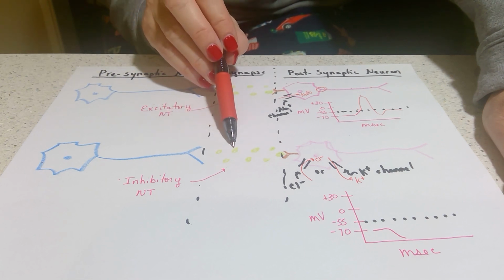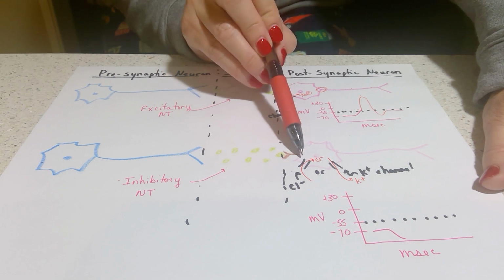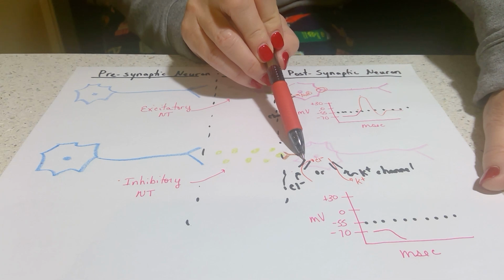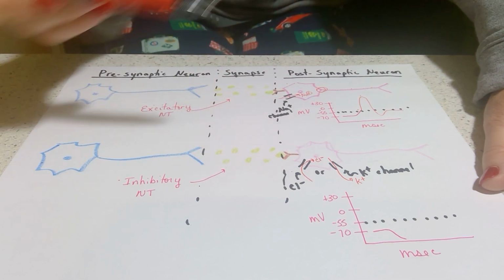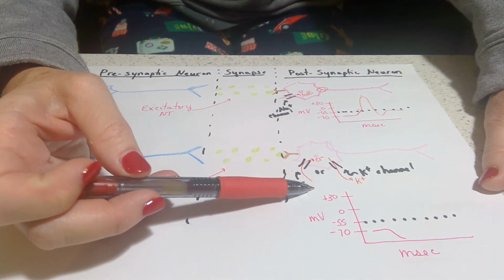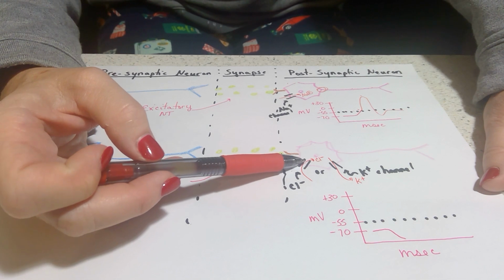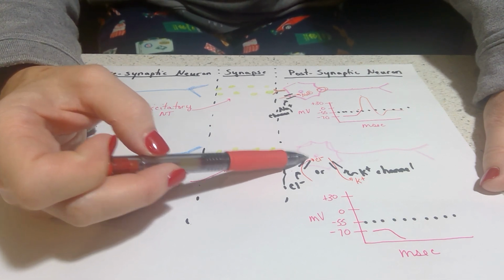If it's inhibitory, it might open a chloride ion channel at the membrane of the cell body of our postsynaptic neuron. So if it opens the chloride ion channel, chloride ions are in higher concentration outside the cell than they are inside the cell. So chloride will move again down its concentration gradient, simple diffusion, moving into our cell body.